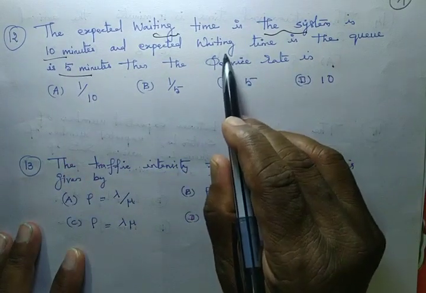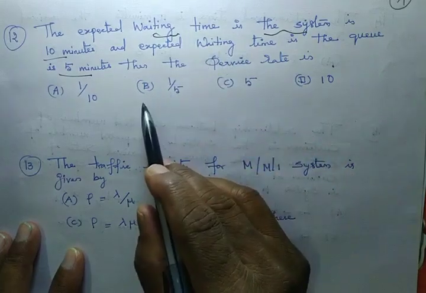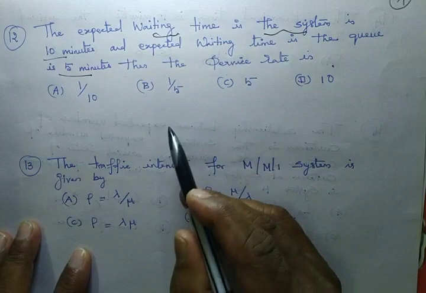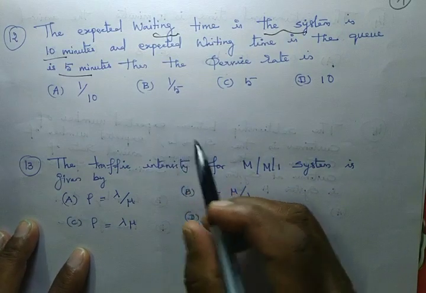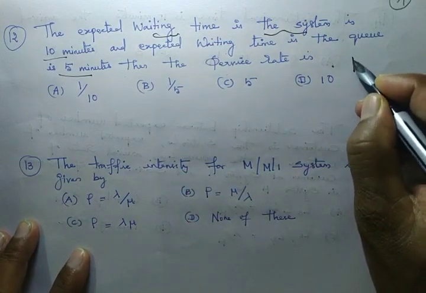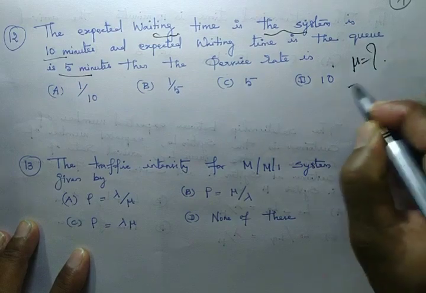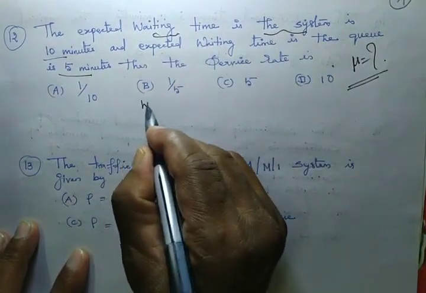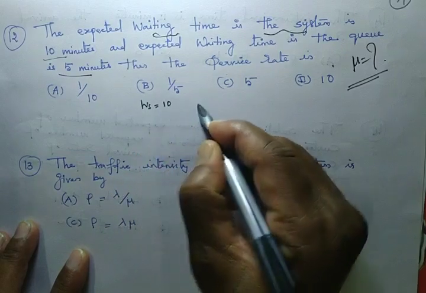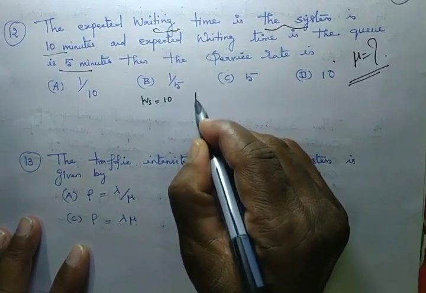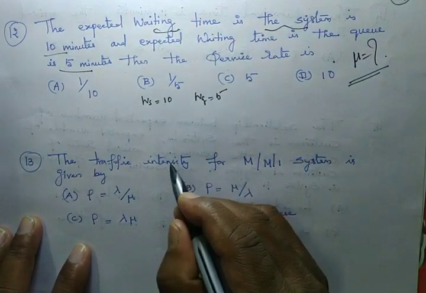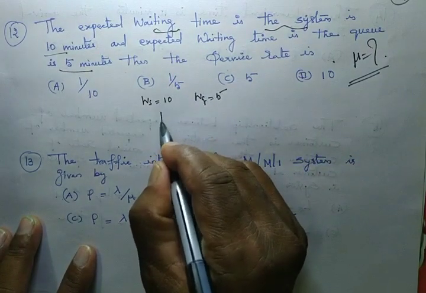They gave the expected waiting times WS and WQ. The question is the service rate, that is, what is mu? So the given things are waiting time in the system WS, 10 minutes, and waiting time in the queue WQ, 5 minutes. The question is mu.